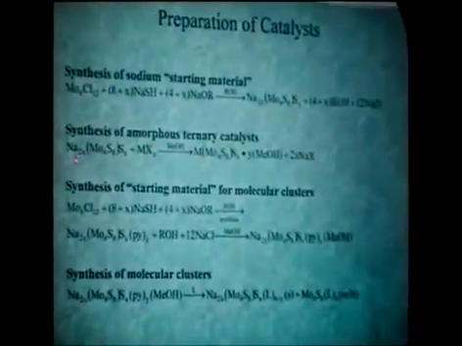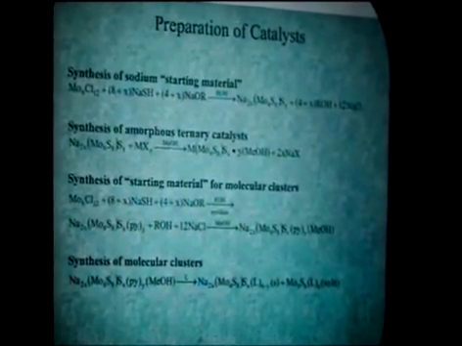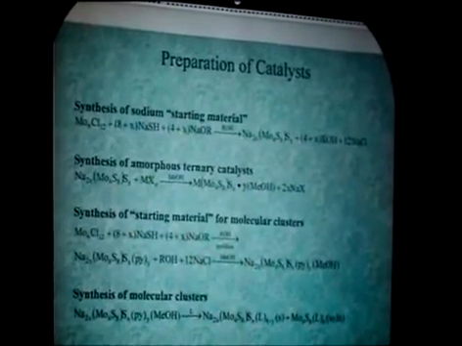Then you take that sodium starting material and react it with a metal salt in an ion exchange reaction, and the metal salt replaces the sodium, and you end up with a ternary amorphous Mo6S8 cluster compound. This retains the high surface area that you see in the sodium starting material.